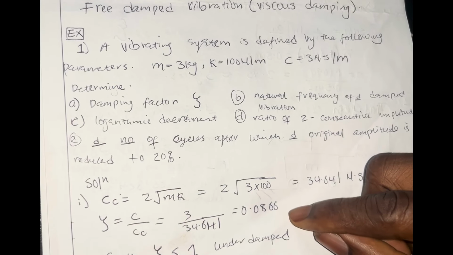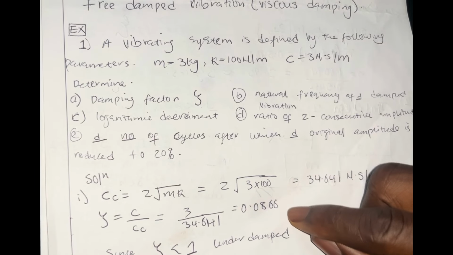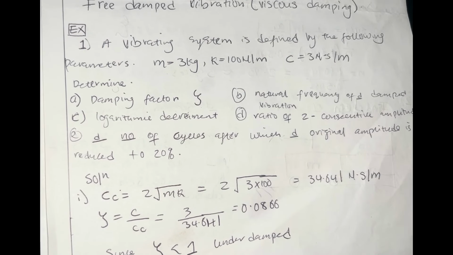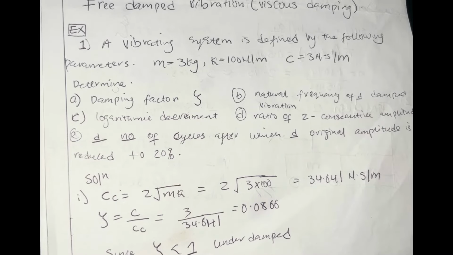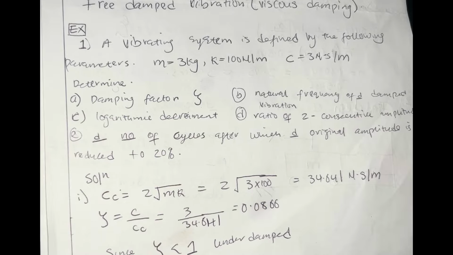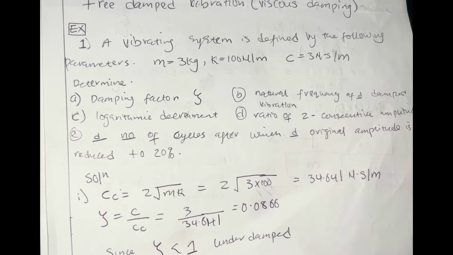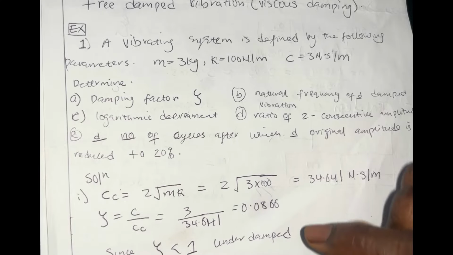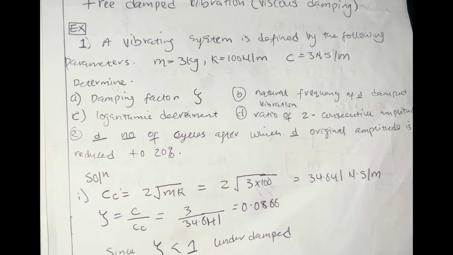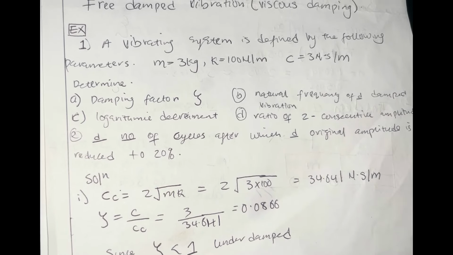This gives us our damping factor. So we have underdamped, critically damped, and overdamped. When your damping factor equals 1, we have a critically damped system. When this factor is greater than 1, we have an overdamped system. Since this is less than 1, this system is underdamped.